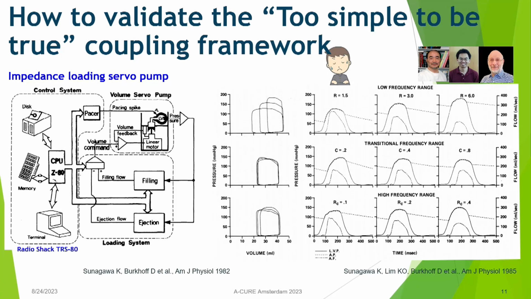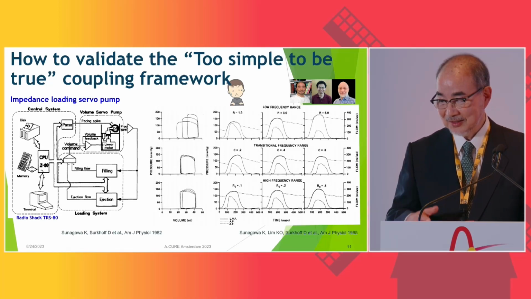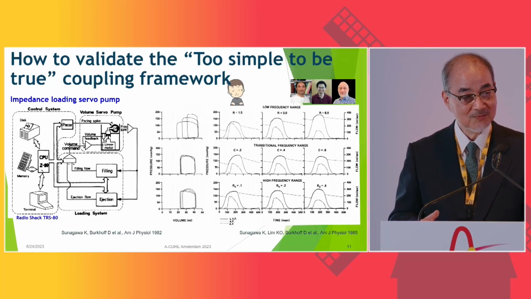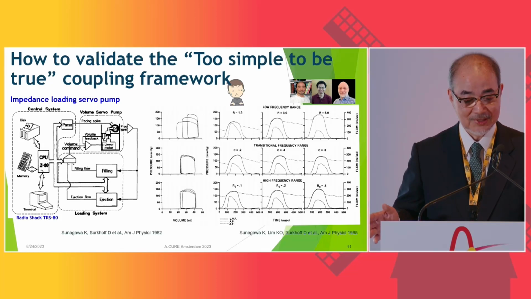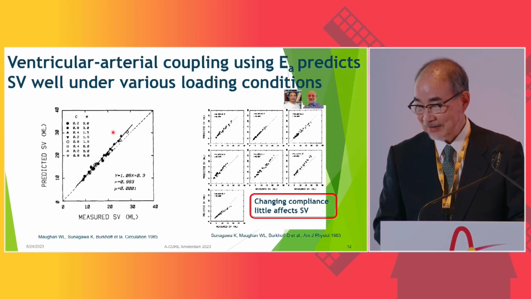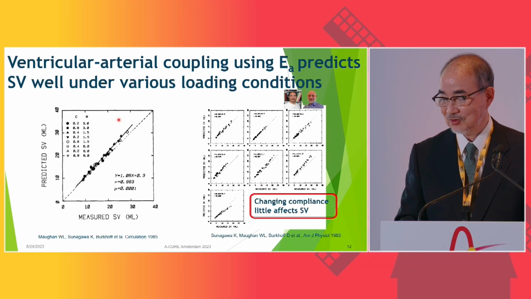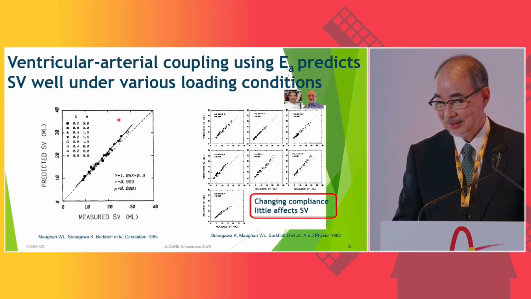But that is still half of the story, because this is just saying that maybe we are getting something similar to the real system response, but quantitatively we haven't compared. So we need to compare whether the predicted stroke volume matches the actual stroke volume generated by the system. That's the next step we tried. If you look at the left panel, this is a comparison between measured stroke volume and predicted stroke volume.